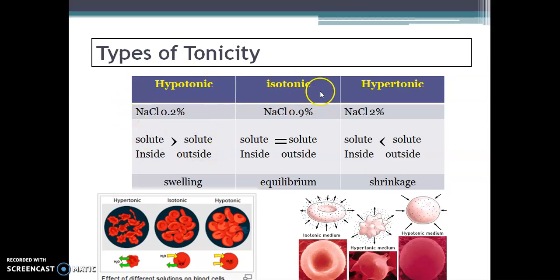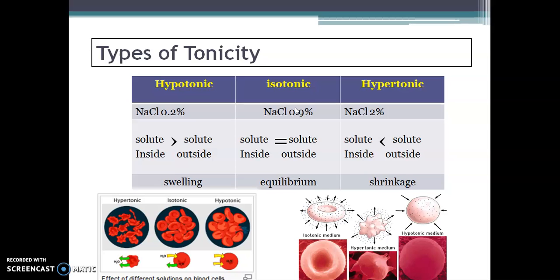Now second is the isotonic solution. Isotonic solutions are those where two solutions are separated by a semi-permeable membrane and the solvent flows equally across the membrane. Simply, a solution having the same osmotic pressure as the blood plasma or physiological fluid is known as an isotonic solution.